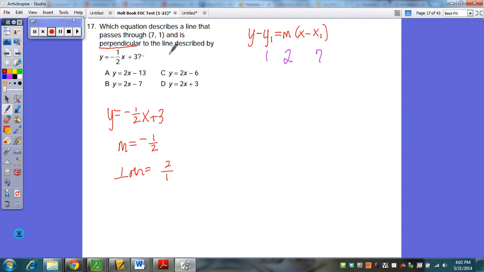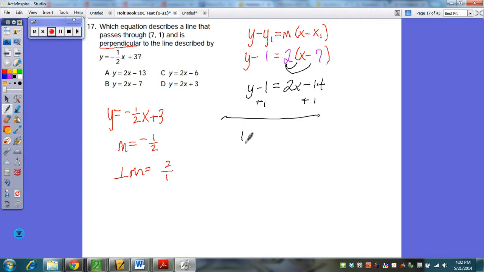Now all I'm going to do is simplify. Alright, we're going to do that by distributing. So we have 2x minus 14, and we have y minus 1. I'm going to add the 1 to both sides, and we get y equals 2x minus 13.